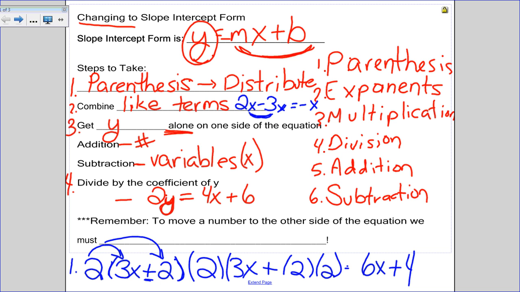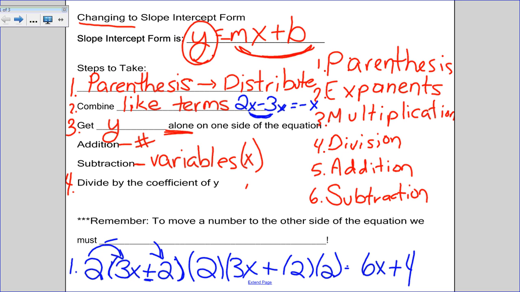You have all the y's on this side, but there's still a coefficient of 2. You need to take this 2 and divide both sides by it, okay? So you would get something like y equals 2x plus 3. Okay, I just wrote over our very last part, so I'm going to erase that a little bit so you can look at it.